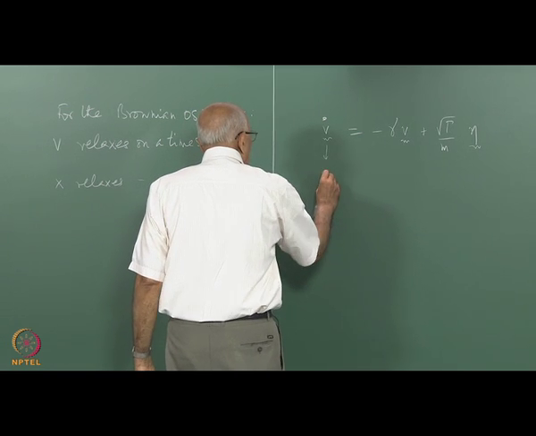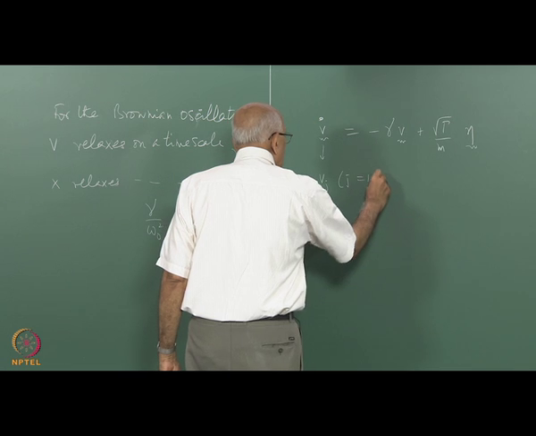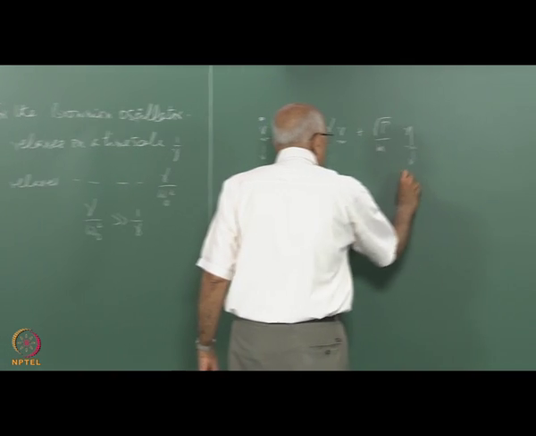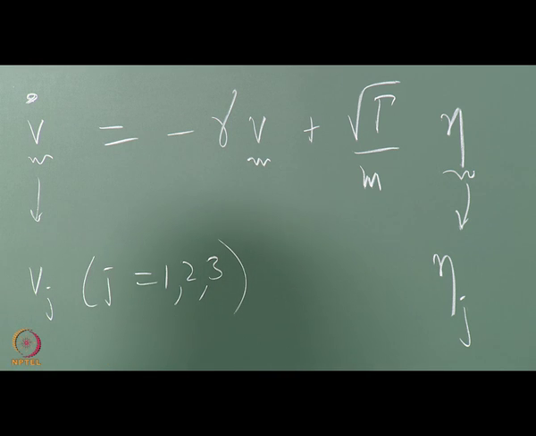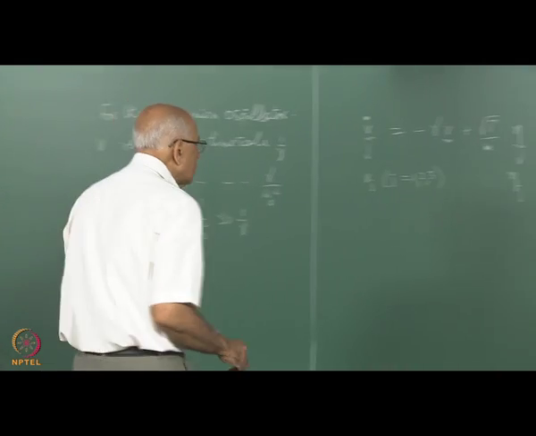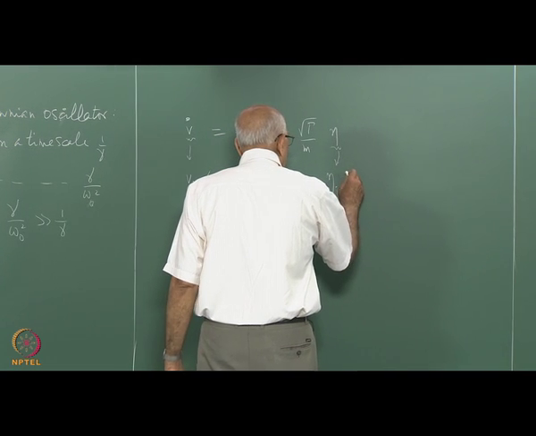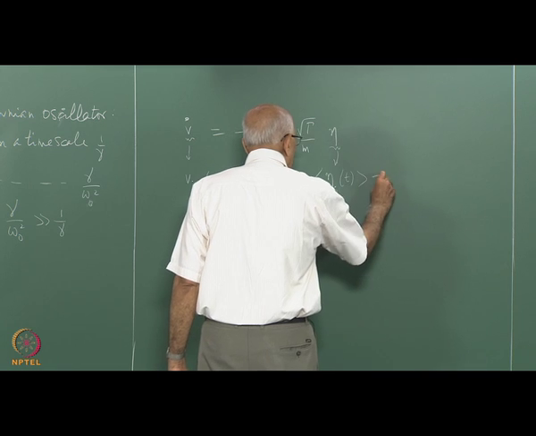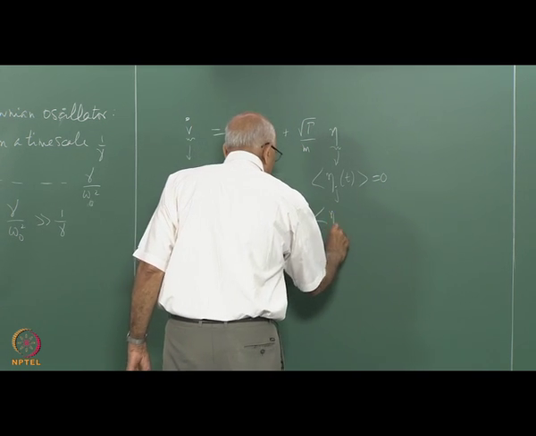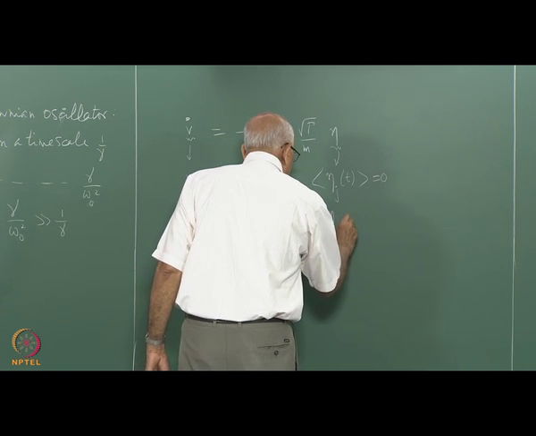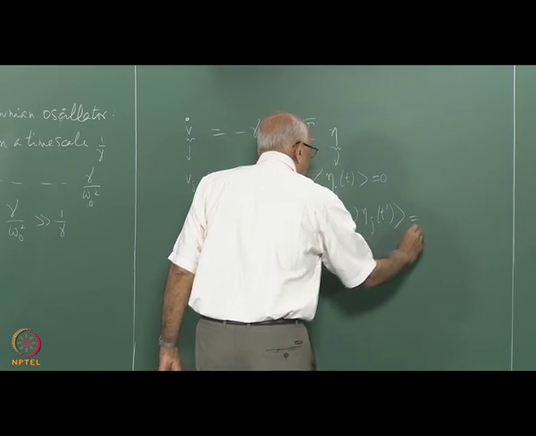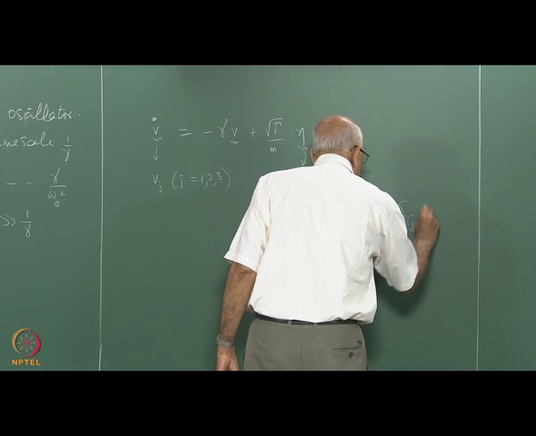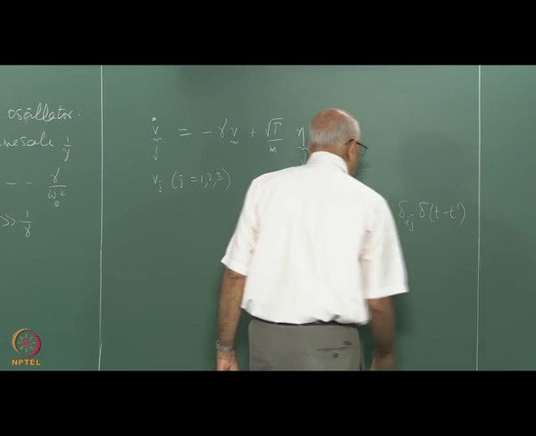So v for example has components v_j, j equal to 1, 2, 3, and this also has components eta_j, j running over 1, 2, 3, and it is a 3-dimensional delta correlated stationary Gaussian white noise, which means that this satisfies an equation of the form the average of eta_j of t equals 0 for every j, and moreover the average of eta_i of t eta_j of t prime equals delta_ij delta of t minus t prime.